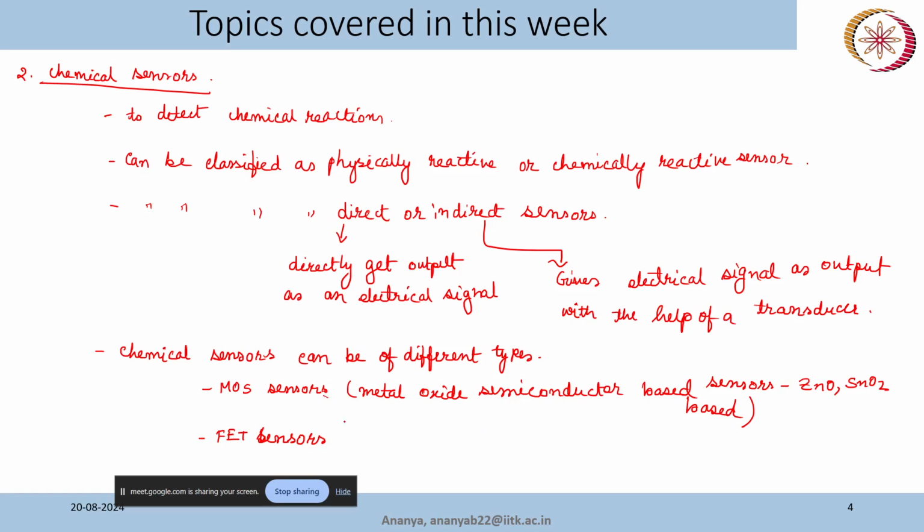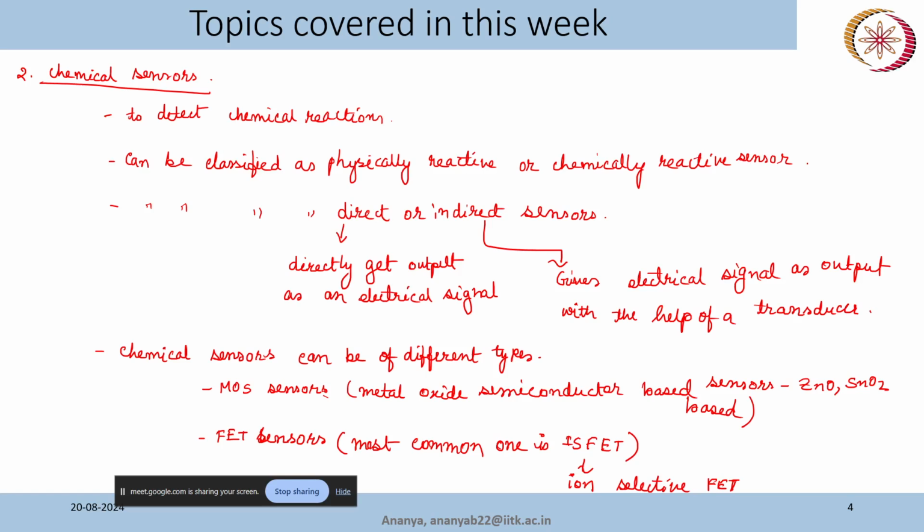The most common type of FET sensor used as a chemical sensor is the ISFET, ion sensitive field effect transistor, where the gate potential is changed based on the specific ion that we want to detect.